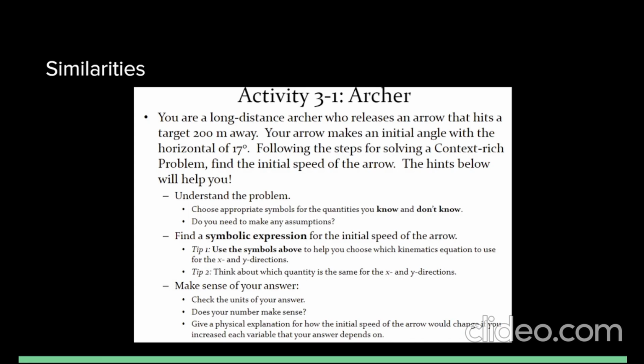In the case of the Archer problem, I believe it was the variable of time, and it was actually the same thing for the Mario problem. This problem, the Mars helicopter problem, where we also solved for time squared, and then we equated it to the x component where time squared was also found. And then from that, we used that to find the distance traveled of the Mars helicopter.